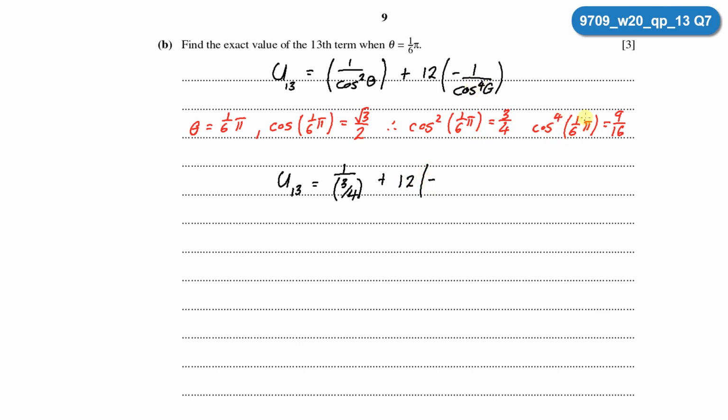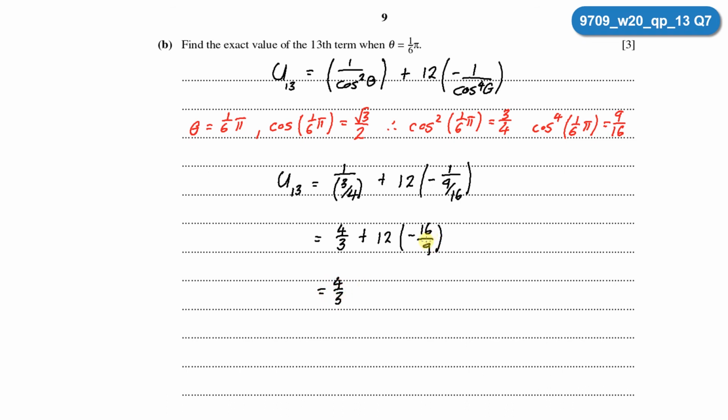And cos to the power 4 of a 6th pi is 9 over 16, so it's minus 1 over 9 over 16. So this simplifies: 1 divided by 3/4 is 4 over 3, and this is 12 of minus 16 over 9.